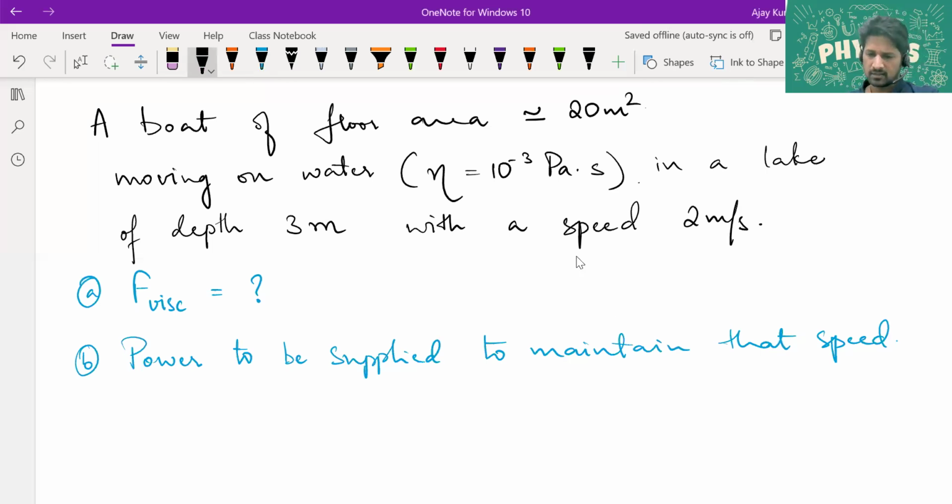I got one answer for the first part as 0.013. We'll see. Now, this boat is moving on a lake of water. A lake is basically a body of water which does not flow.